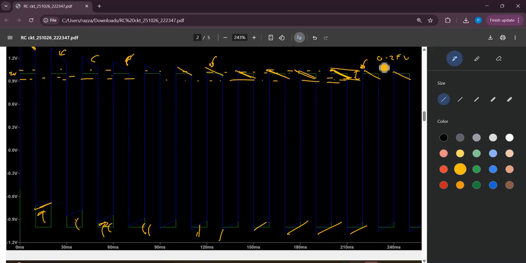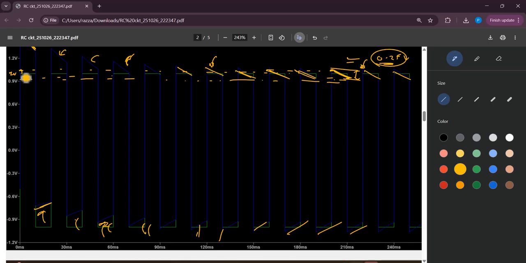It is not exactly 0.25 volt, it may be more or less, but the ripple voltage is around 0.25 volt, which can be verified from the waveform also, because this is 1 volt, this is more than 1 volt, and this is less than 1 volt, maybe 0.95 volt, or this is 1.05 volt. If we add this, we will get 0.25 volt.